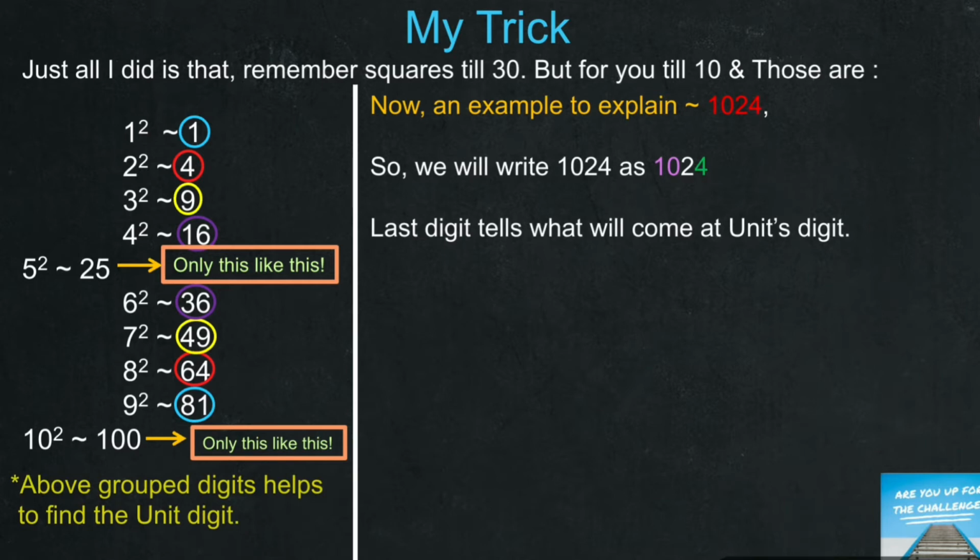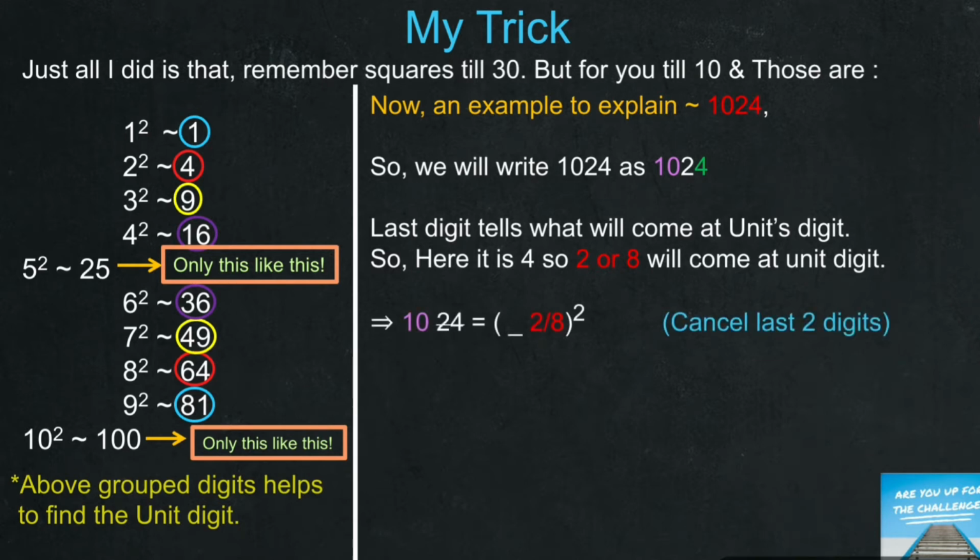So now what we are going to do with this is, we know that the square root of 1024 must have ended with 2 or 8, that we know till yet. So now we are going to cancel out the last two digits, and here we are going to get 10 as our left number.